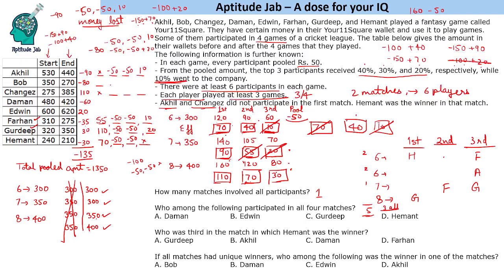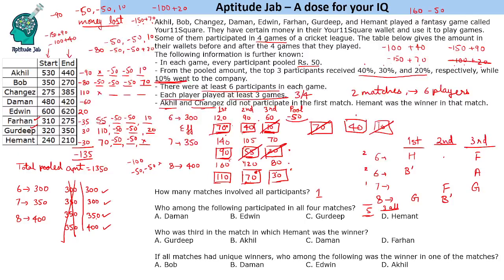So this means Bob lost 15 one match, another 15 another match, another 15 another match, and gained 70 rupees. Now this 70 can be this or this, it can be either of those. So Bob could be the first in this match, or he could be second in this match. So Bob is this.